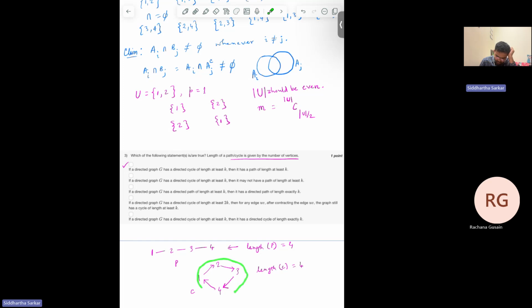So from the directed cycle, if you disregard exactly one of the directed edges, then you will end up with a path. And this directed path is also going to use exactly the equal number of vertices. So the length of the path will be nothing but the length of the cycle.